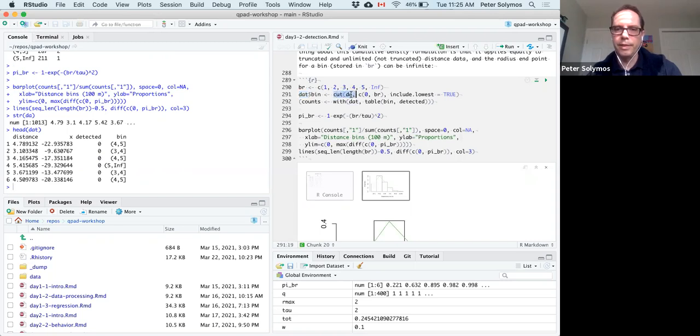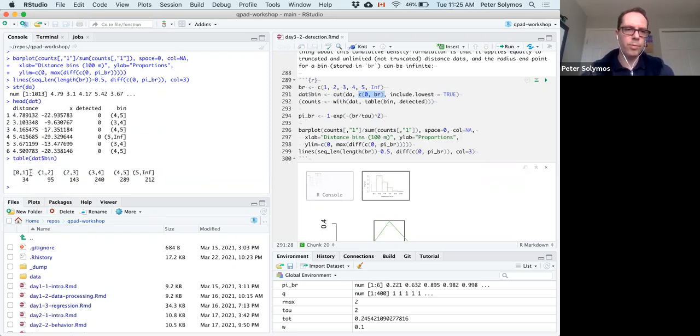And what we did, we used the distances themselves and breakpoints 1, 2, 3, 4, 5, and infinity, and also added 0 so that we get nice bins, and include lowest so that 0 distance is still counted. Table DAT bin.